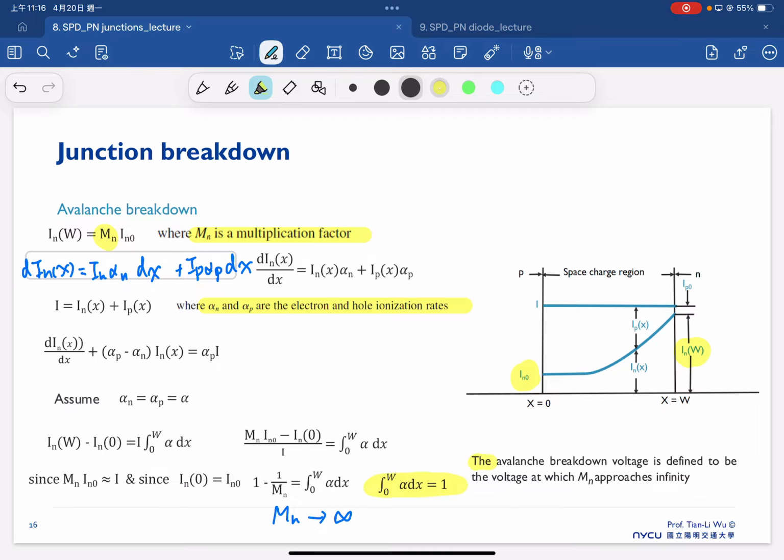So the avalanche breakdown is defined as the voltage where M approaches infinity. Once M approaches infinity, then we can consider it as the avalanche phenomenon.